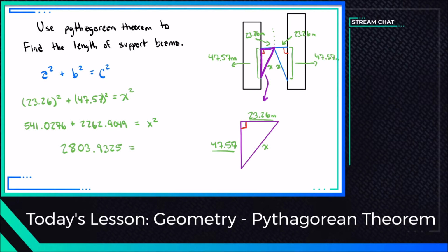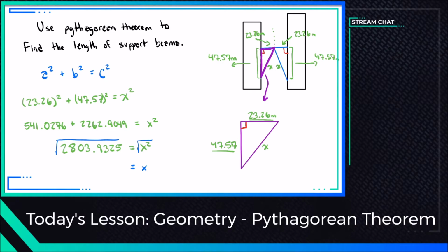And that's going to be equal to x squared. And now we have to get rid of this x squared, so we're going to take the square root of both of these sides. The square root of an x squared is just simply going to be x, and the square root of this huge number is going to be approximately the following.